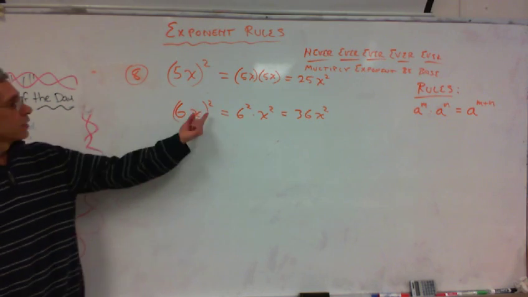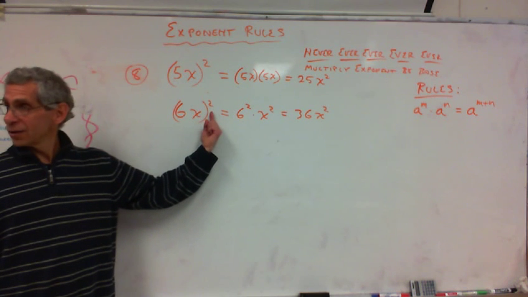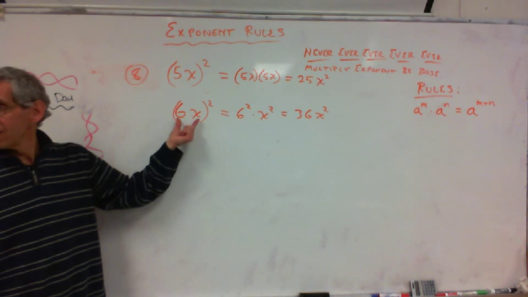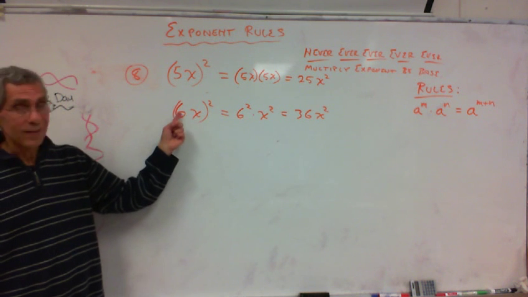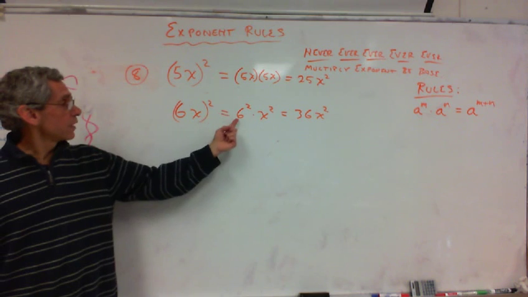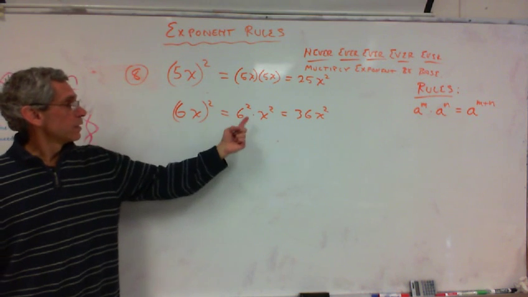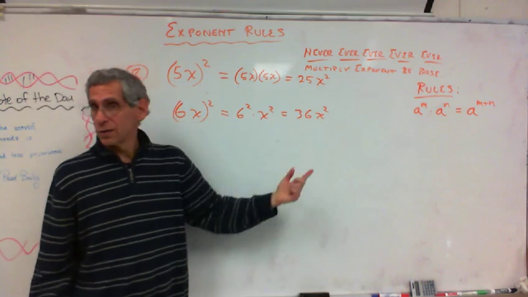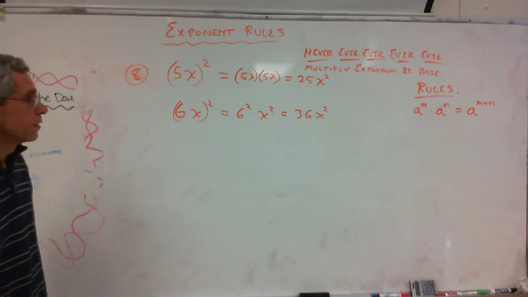So the squared is next to the parenthesis, right? So it means I'm squaring this entire thing. So I'm going to square the 6, and I'm going to square the x. So 6 squared is 36, times x squared. So 6 times 6 is 36, right?